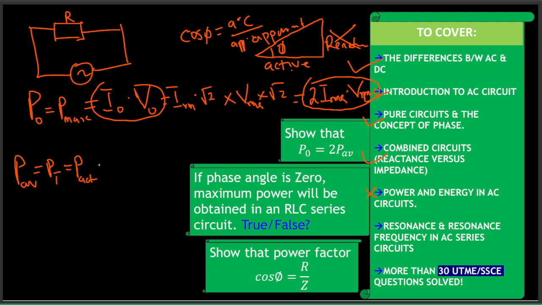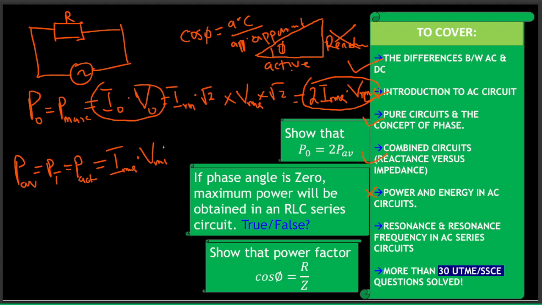Is that okay? So average power is equal to the RMS value of the current times the RMS value of the voltage, like that. All right, you don't need to consider cos phi, even though I'm going to be telling you the formula for cos phi till we get to a combined circuit.